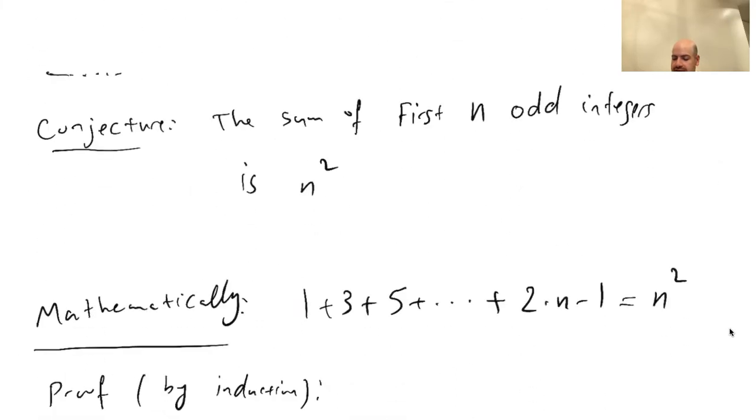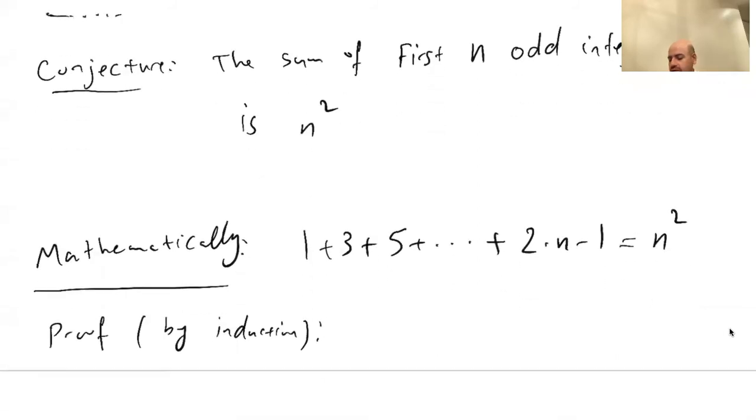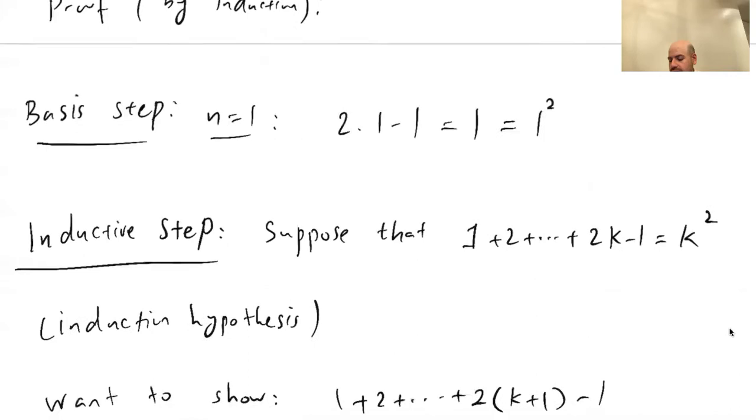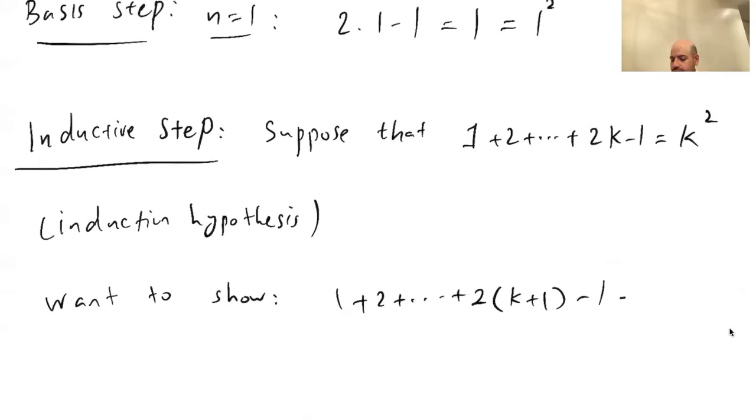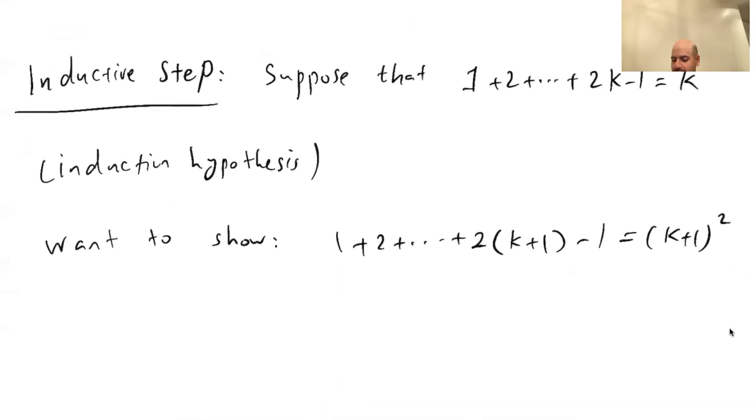See, if I replace this n here with k plus 1, I'll get 2 times k plus 1 minus 1. And I want to show that this is equal to k plus 1 the whole squared. Now the left-hand side, if I expand it, the last number will be 2k plus 2 minus 1, which is 2k plus 1.